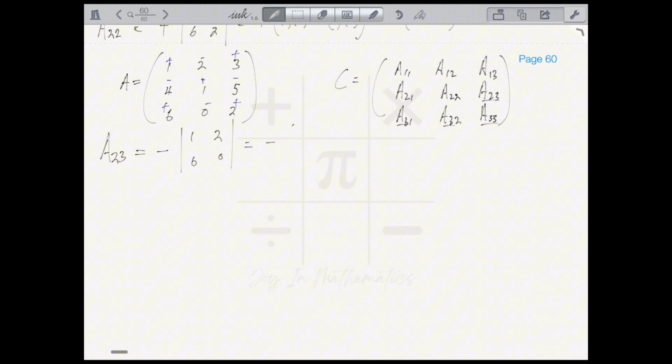And this will be negative of 1 multiplied by 0 minus 6 multiplied by 2. So this is negative of 0 minus 12, and 0 minus 12 is minus 12. Minus times minus 12 is equal to positive 12, which you can just write as 12.